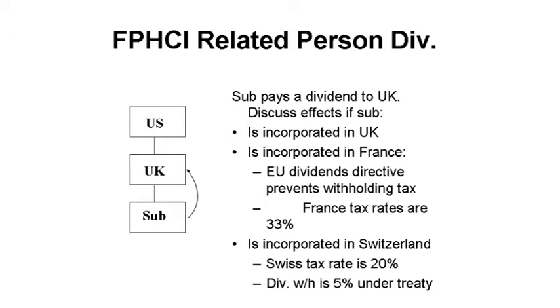However, if the French sub pays interest to the UK sub, there's no deemed paid tax, and the interest income must be tested at the UK level. The current UK corporate tax rate is about 25%, so the high tax exception won't apply to the UK interest income since there's no deemed paid credit and the only foreign tax is at 25%.